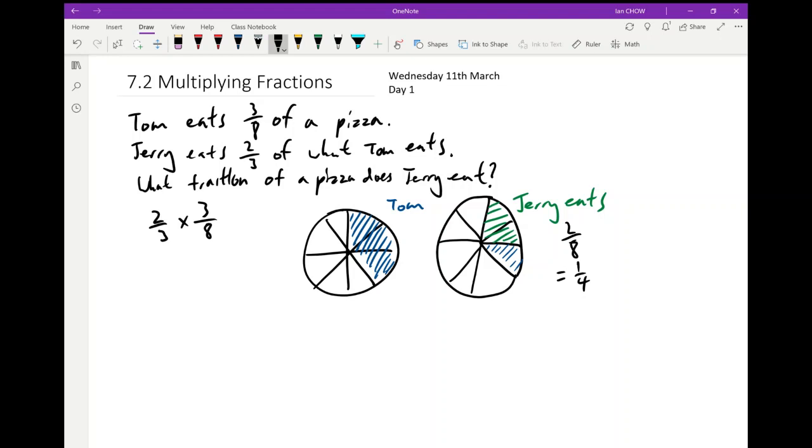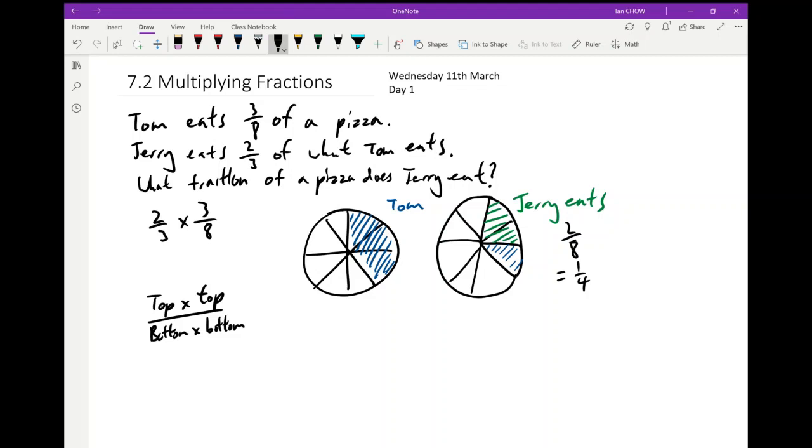Now, in terms of the mathematical expressions, in terms of the fractions, how do we actually calculate this? When we have fractions, we have top number times top number, and then we also have bottom times bottom. That's how we do fractions.